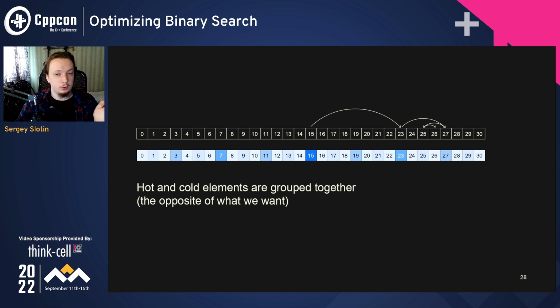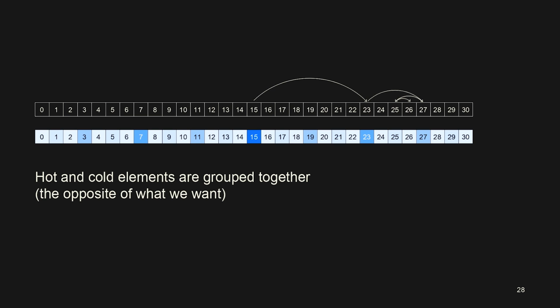We group hot and cold elements together. That is, the elements that we read very frequently occupy the same cache lines with the elements that are never read. So, for example, we compare against the middle element each time on the first iteration, and so it is definitely in the L1 cache because we fetch it so often. The element right after it is very likely to be in the same cache line with it, but we almost never fetch it specifically.